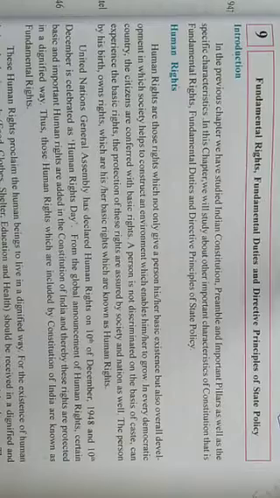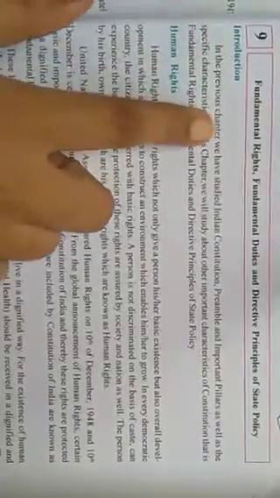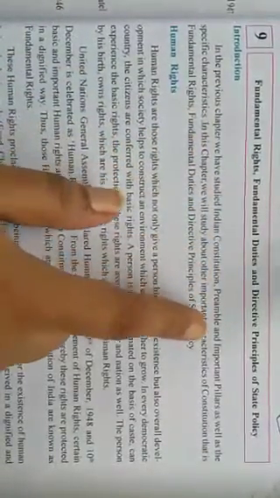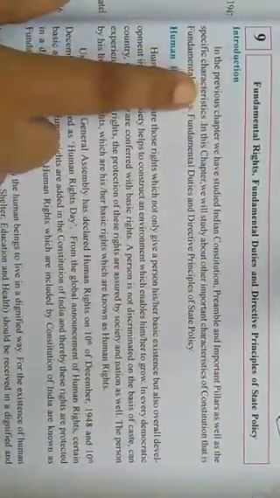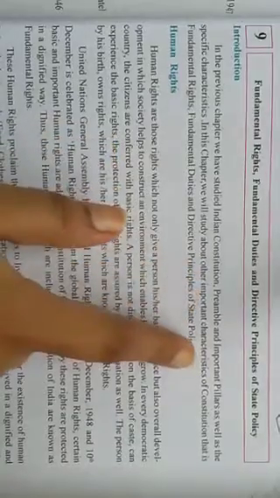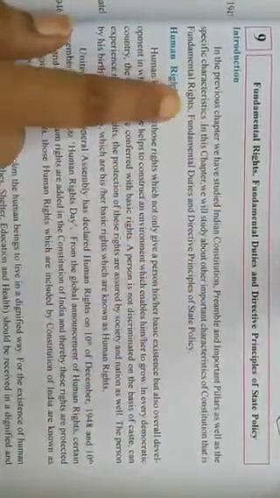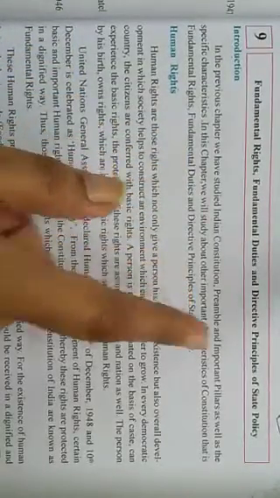The introduction is always like that. In the previous chapter we studied the Indian Constitution, the preamble and important pillars, as well as the specific characteristics. In this chapter we will study other important characteristics of the Constitution, that is, fundamental rights, fundamental duties and directive principles of state policy.